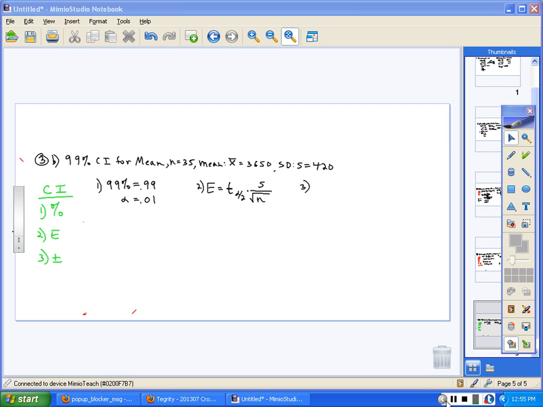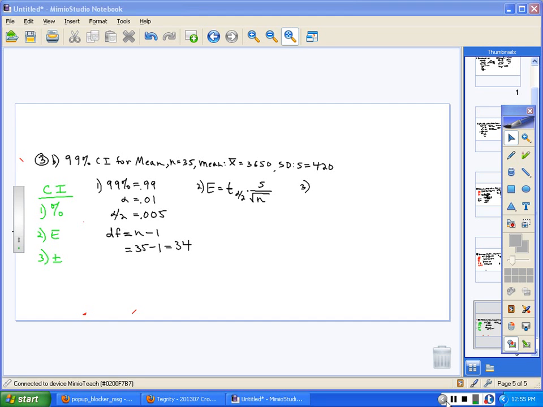And alpha divided by 2 would be 0.005. But again, remember when using the T table, we need degrees of freedom. The formula is n minus 1, which is 35 minus 1, which is 34. So that's our degrees of freedom.